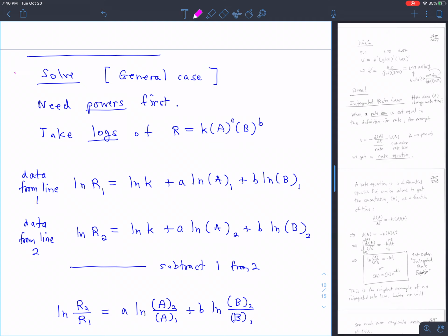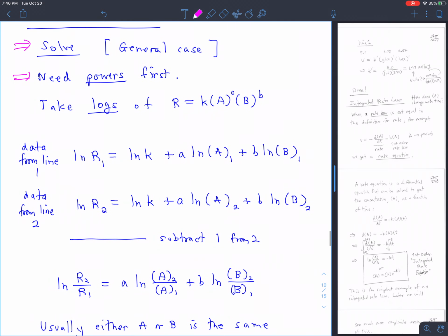Here's the general case. We need to get the powers first. Later we'll get the rate constant too, but we need to get the powers first, so we need to analyze this expression. Because there are powers involved, one thing that should always suggest itself when there are powers involved is to take logs.